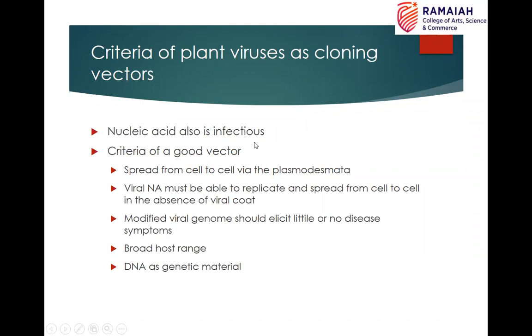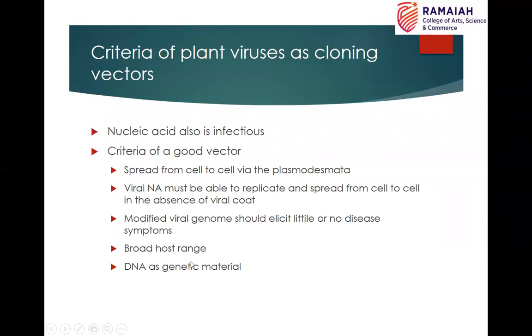That is one attractive feature, because of which we can use plant viruses as cloning vectors. But it doesn't mean that any plant virus can be used as a cloning vector. As I told you, there are certain criteria that need to be fulfilled by the plant virus so that we can use it as a cloning vector.